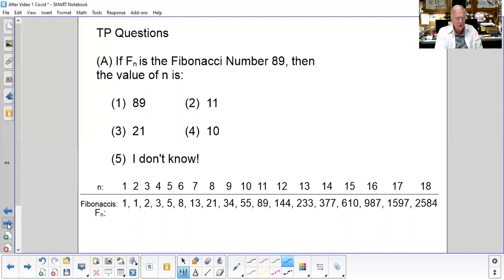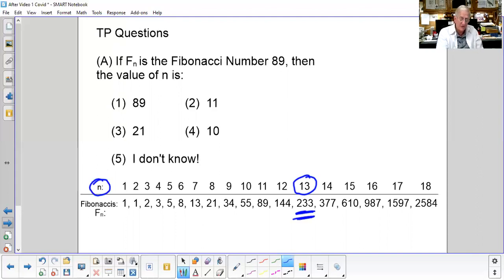Now, I want you to look down at the bottom. At the bottom, I have produced a table. The N on top, the N that you see right here circled in blue, is the location of the number in the Fibonacci series. So in other words, the 13th number in the series is 233, right?